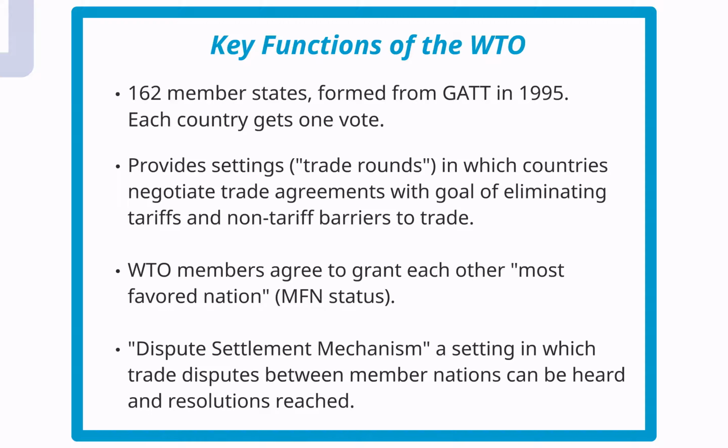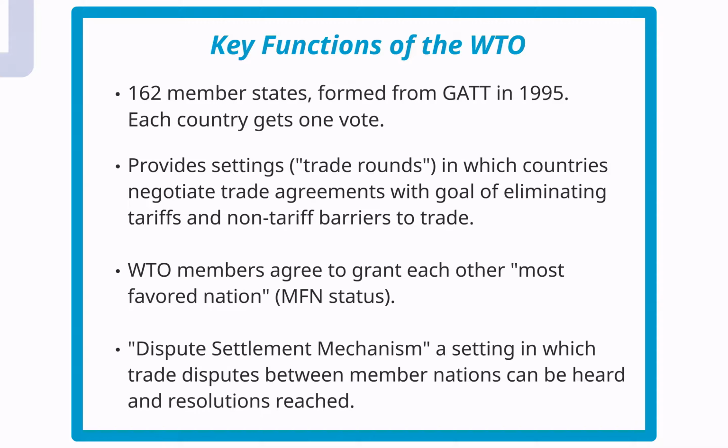It's heard about 400 or so cases since its formation, so since 1995. That's pretty frequent use for an international organization. There have been several trade disputes brought to the dispute settlement mechanism of the WTO, and it's pretty effective in terms of enforcement because countries that are part of the WTO want to stay in the good graces of the WTO. It generally benefits them to be members, and so they'll abide by these decisions or face potential economic repercussions for not doing so.